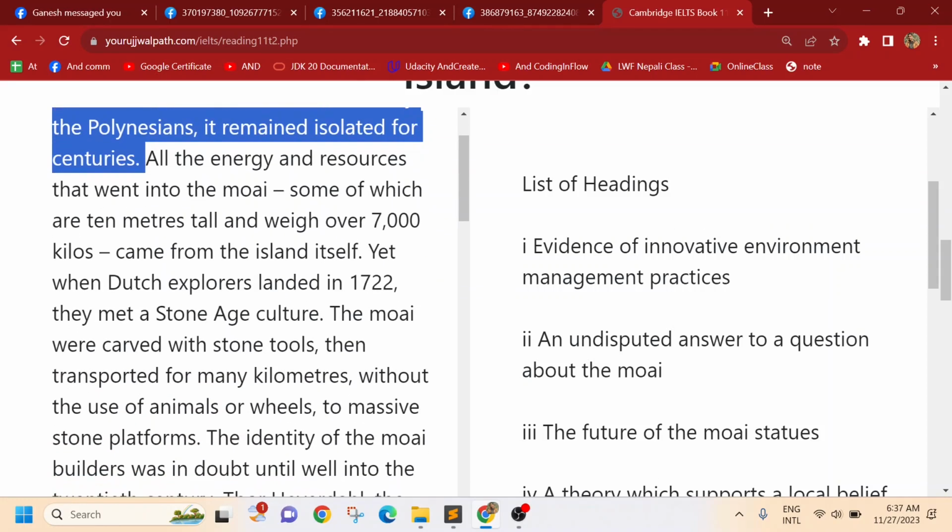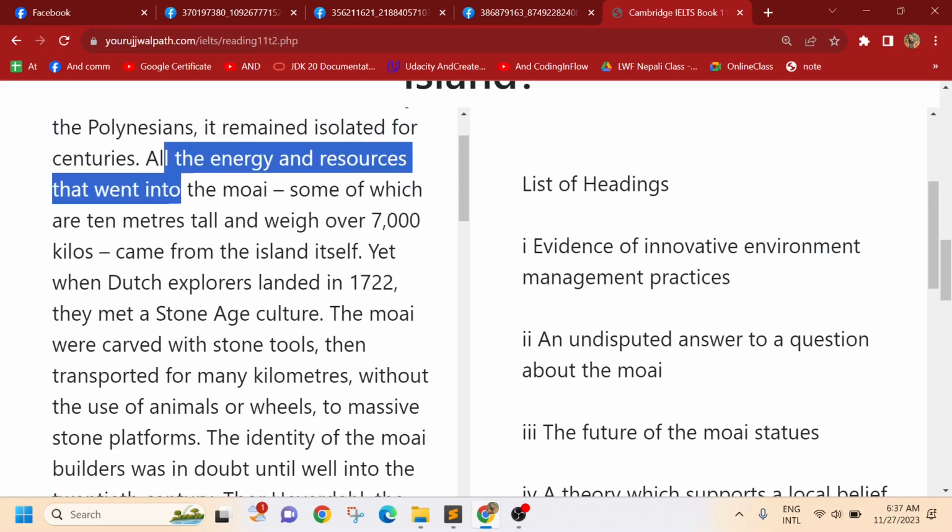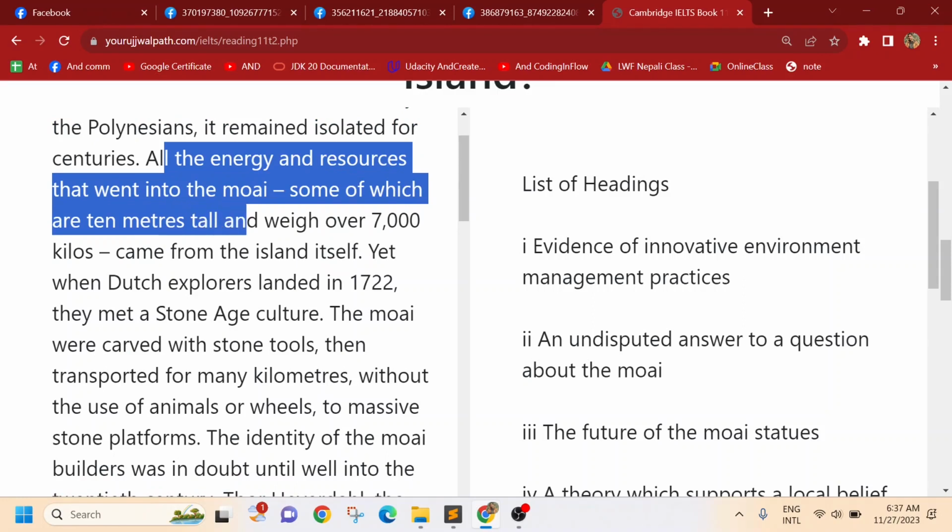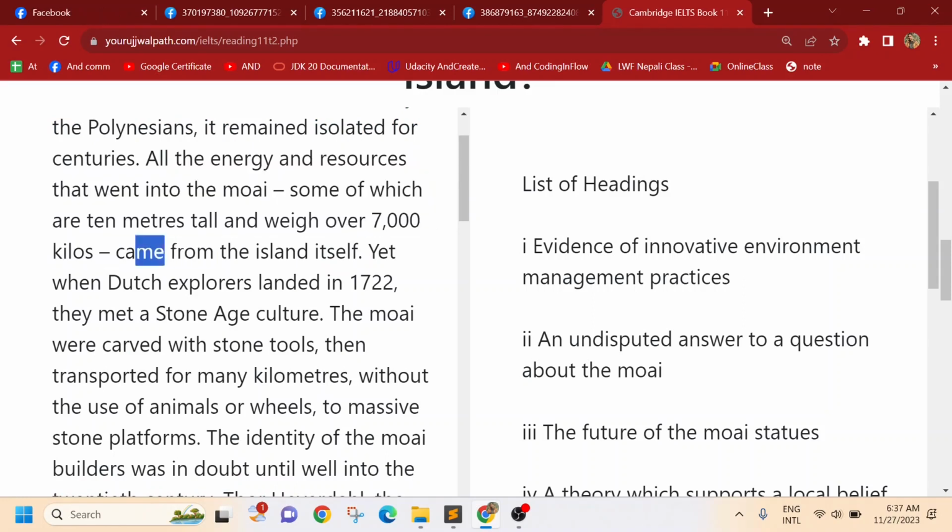All the energy and resources that went into the Moai, some of which are 10 meters tall and weigh over 7,000 kilos, came from the island itself. Means there are huge statues, 7,000 kilos and 10 meters high. So these huge massive structures came from the island itself.